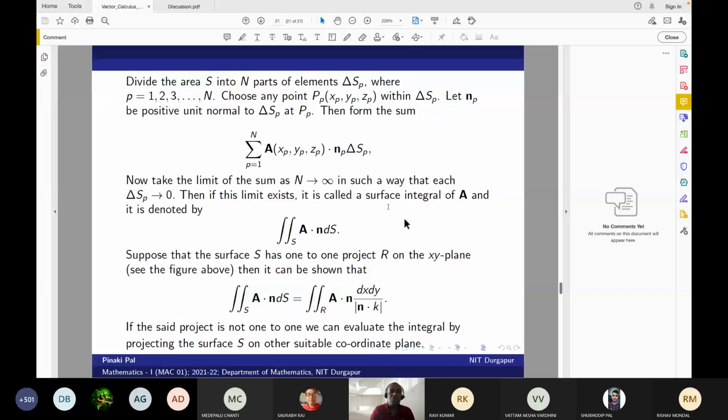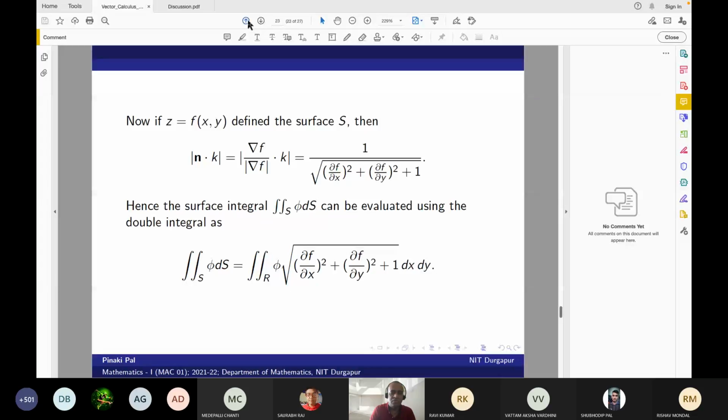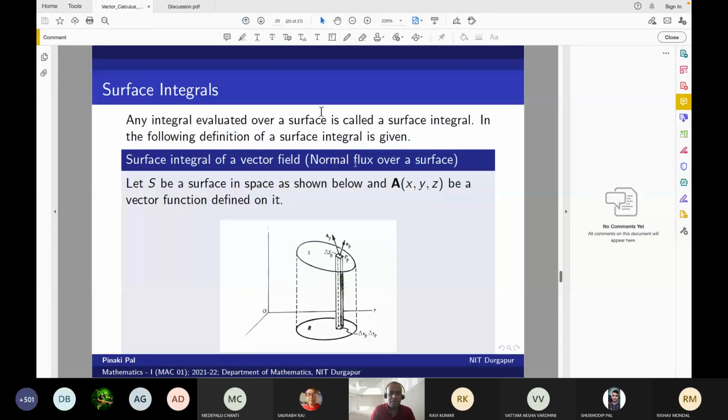Let me check if I have the figure. Where is the figure? Yeah. So what we do is project. Let us suppose the projection of this S on the xy plane. Note that this projection is only allowed when this projection is one to one.